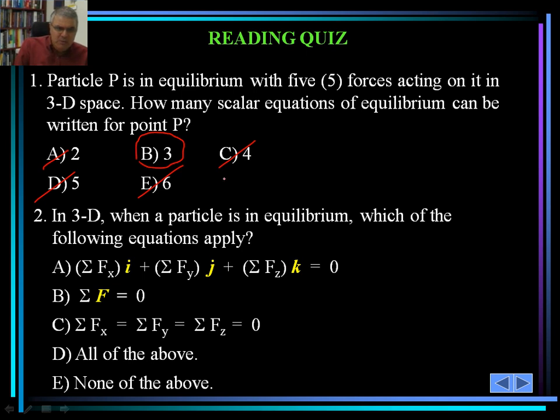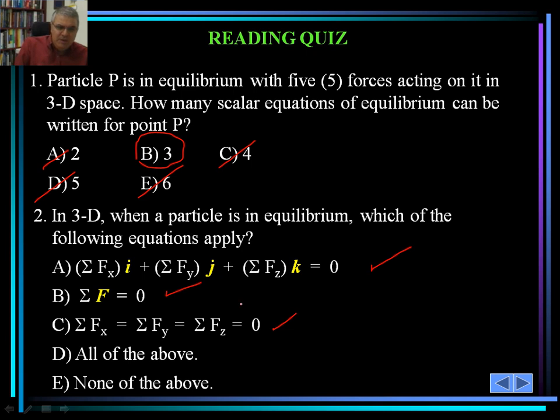Second question: in 3D, when a particle is in equilibrium, which one of the following equations apply? A, summation of forces in the x i plus summation of forces in the y j plus summation of forces in the z k would be 0. This is correct. B, summation of forces is equal to 0. That is also correct. C, summation of forces in the x, summation of forces in the y, summation of forces in the z set to 0.